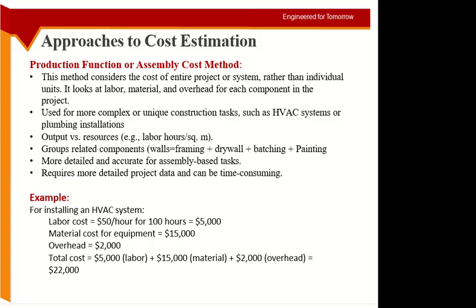If you are doing a wall, let's say, every square meter of the wall has items for framing, drywall, patching, painting. So the complete cost is combined, and then you look at, okay, every square meter of wall will require this much labor and so on.